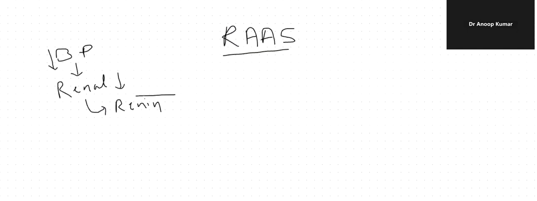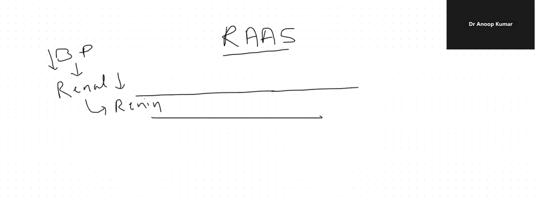For example, this is your blood supply. So renin will be released. In plasma, there is one protein that is synthesized by the liver. The liver synthesizes one protein, and that protein's name is angiotensinogen, and releases it into the blood circulation.